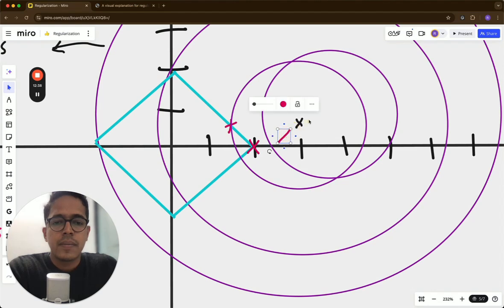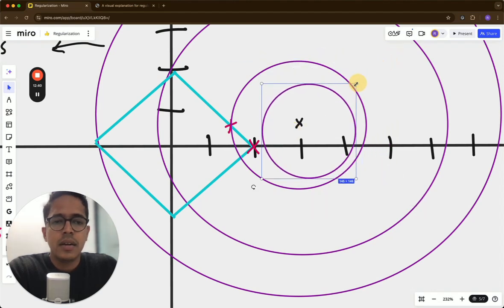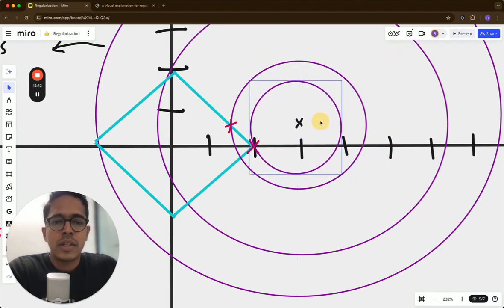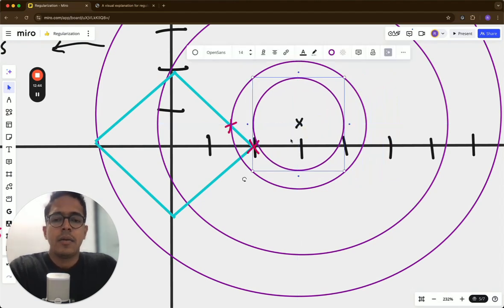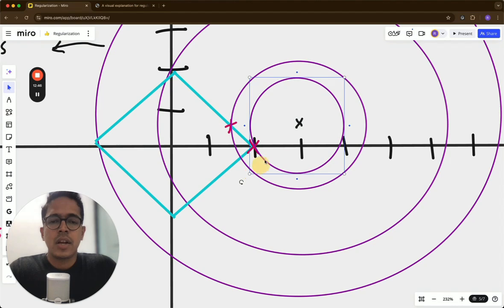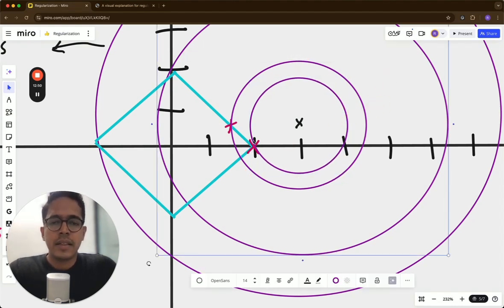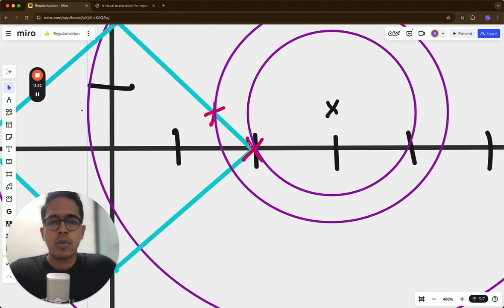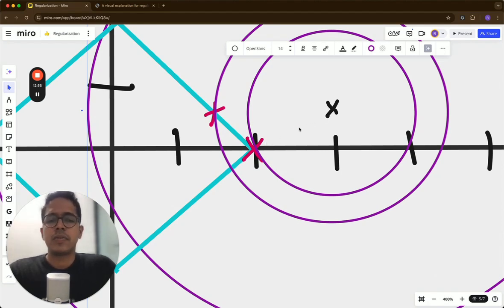So this circle, which passes through that point, centered at the minima of the original loss function, has a smaller radius. And what does that mean? Meaning this point, shown by this pink color, is closer to the center of the original loss function.